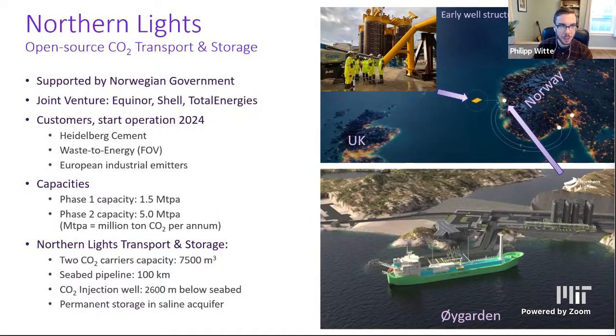So the Northern Lights project is an open source CO2 transport and storage project, which is a joint venture between 3 companies, Equinor, Shell, and Total Energies, and it's also supported by the Norwegian government. The idea is to provide the infrastructure to transport and store CO2 permanently, for customers who capture CO2.